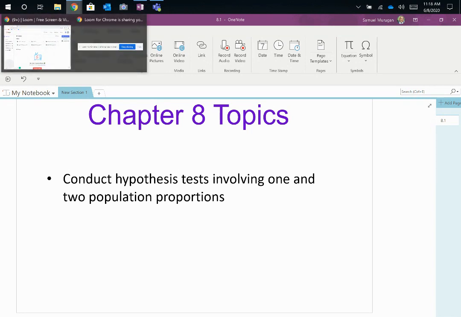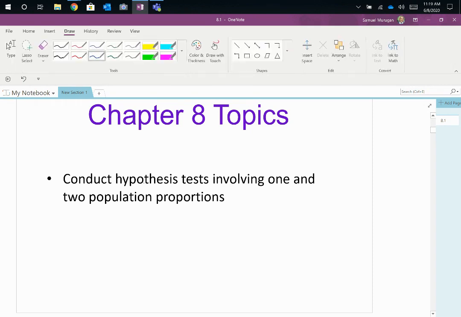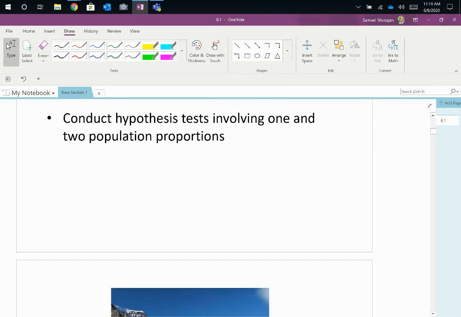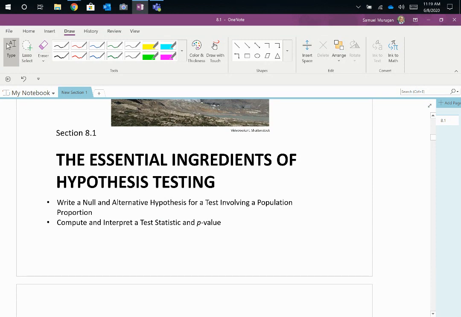One main topic for Chapter 8: how to conduct hypothesis tests involving one and two population proportions. So 8.1 is where we are right now.